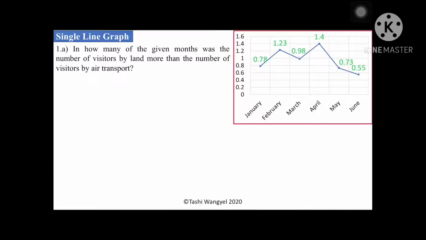First question: in how many of the given months was number of visitors by land more than number of visitors by air transport?